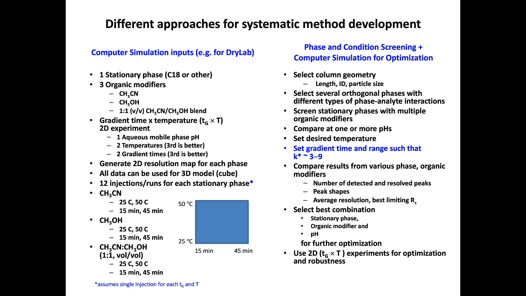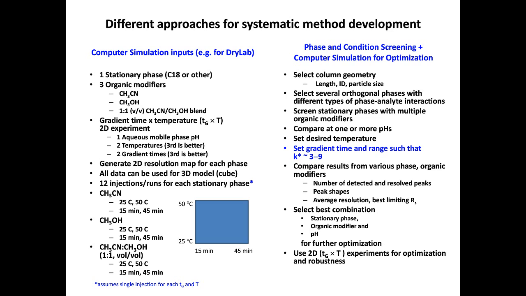In the simplest form, you might do a gradient time versus temperature experiment, a 2D experiment, where you choose 2 different times and 2 different temperatures and carry out separations such that you can use those inputs for computer modeling and then find, hopefully, some ideal place to work that not only provides the resolution that you want among all of your analytes, but also has a fairly decent sized, robust space where resolution doesn't change much, and gives you some robustness and play to your method.